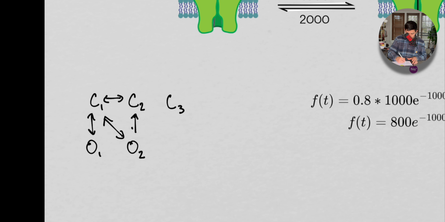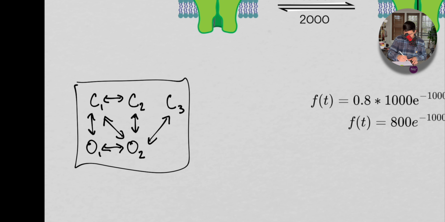So you can go between 2 open states. You can go like this. This is a proposed model of the channel.